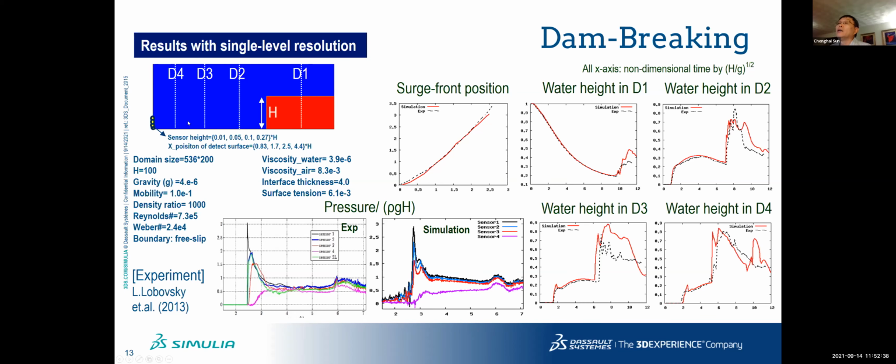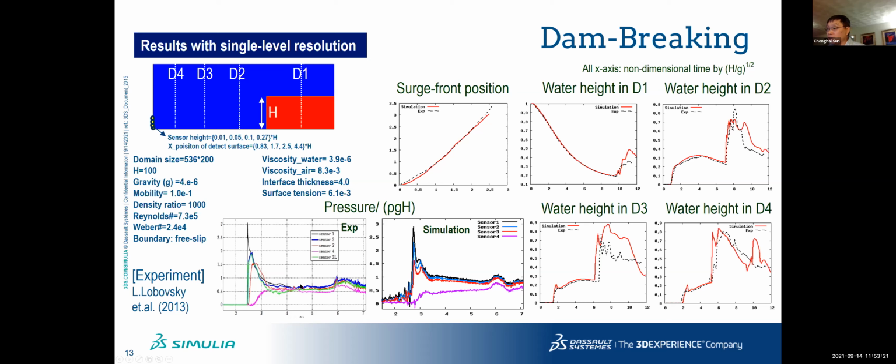So we have the probe here and measurements at the D1, D2, D4 locations. Here it shows the front position. It compares well with the experiment, and also the water head at different locations, reasonably good with experiment. This one is the pressure.